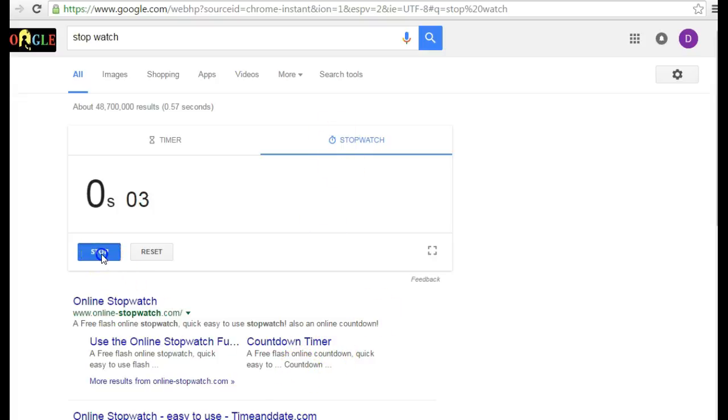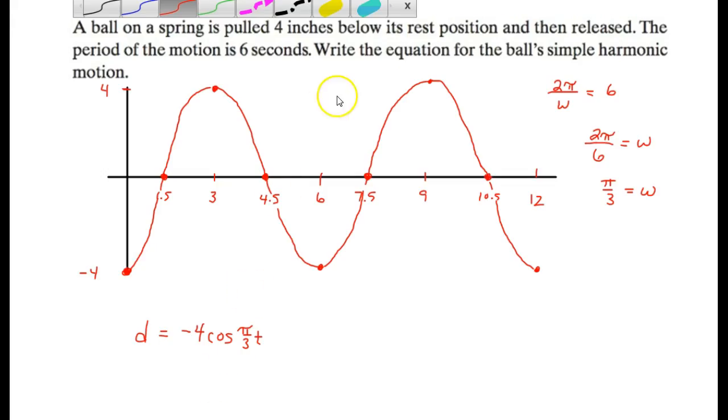So think about this. I pull it back, let go. It goes up and then starts back down. And just now it stops. That doesn't make any sense, that it would take that long for a spring to do that. And again, the reason is just because we're simplifying it to have whole numbers. We're simplifying it to not lose its energy.